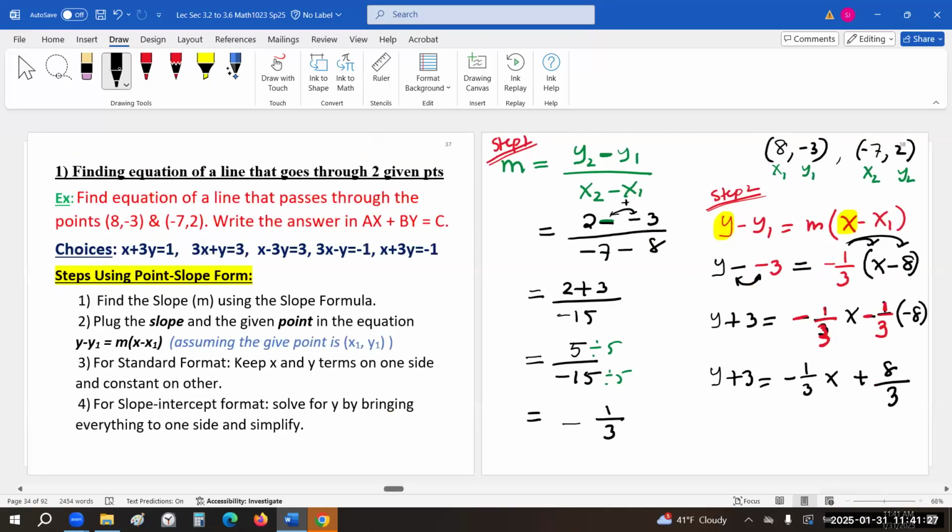If you observe, you notice that none of the choice has fraction. But look, what do we have? Fraction, denominators. So let's get rid of the denominator first to make our life easy. How can I get rid of the 3 from the denominator?